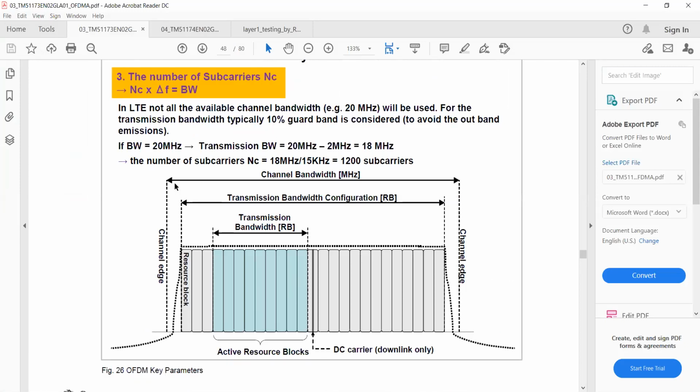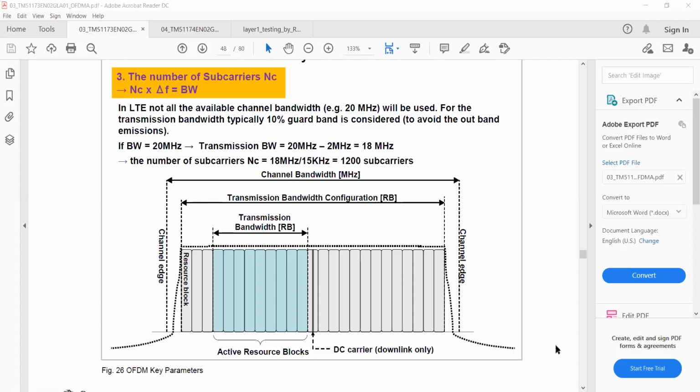So if our total bandwidth is 20 megahertz, we are transmitting only up to 18 megahertz, because we keep some guard band. It's a kind of reservation to avoid loss of data, on the left side as well as the right side. So we will use only 18 megahertz of bandwidth for our data transmission, right?